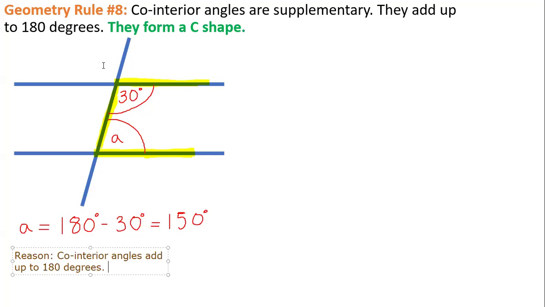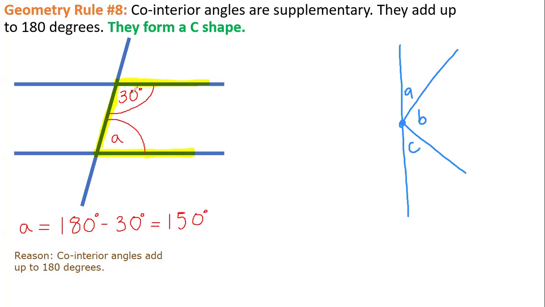Are these at a common point? No. It would have been like this, A, B, and C. But these two angles are clearly far from each other. They're not at a common point, so you can't use that. Understood? I'm glad you understand.